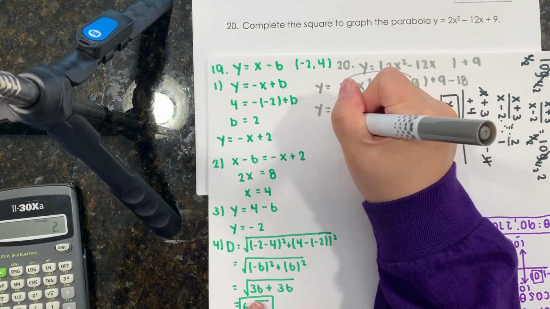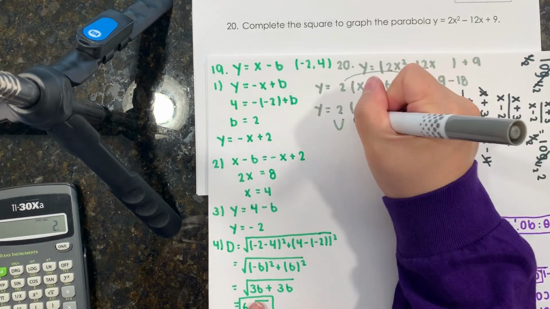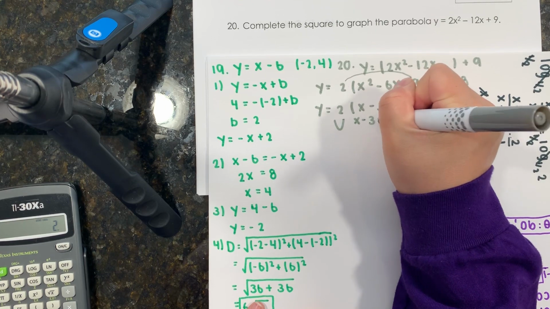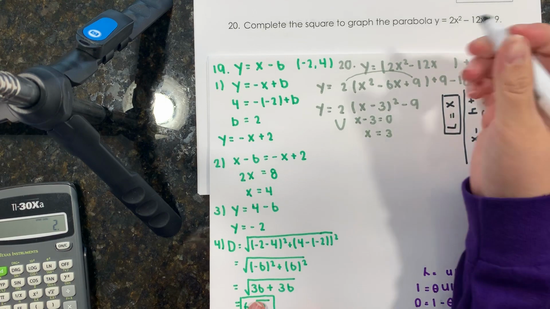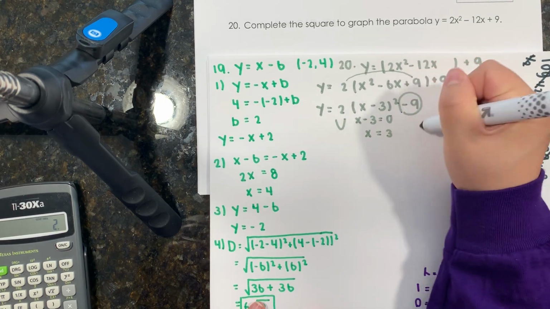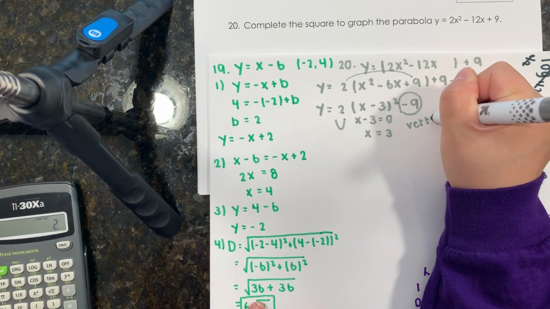But it's positive, so it's going to be a happy face parabola. My x minus 3, I'm going to set equal to 0 to solve for the axis of symmetry, which would be at x equals 3. And this is going to be my vertex, or where I'm going to start my parabola.